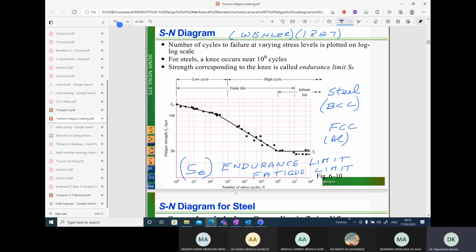Also, you can carefully see that below the endurance limit for a BCC structured material, be it steel or any other material, the life is infinite. So I don't need to predict the life of the specimen if I am below the endurance limit. However, for steel in particular, if my number of cycles for life is between 1000 and 1 million cycles, then I need to predict exactly what number of cycles I can expect before failure happens.